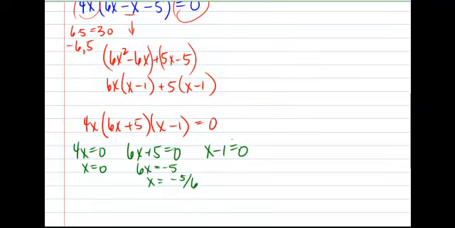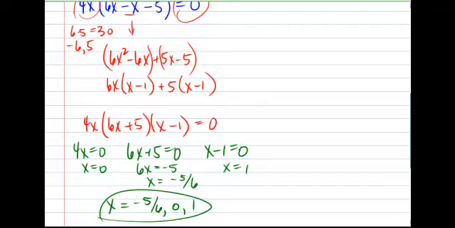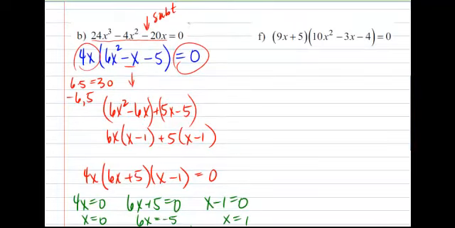And in the last equation, I find out that x is equal to 1. So in other words, I have 3 places where it's actually crossing the x-axis. I'm going to say that x is equal to negative 5/6, 0, and 1. And that's your final answer to this equation on letter B.